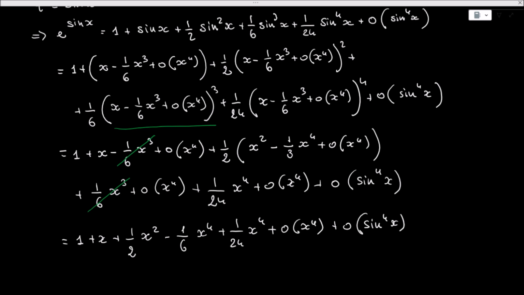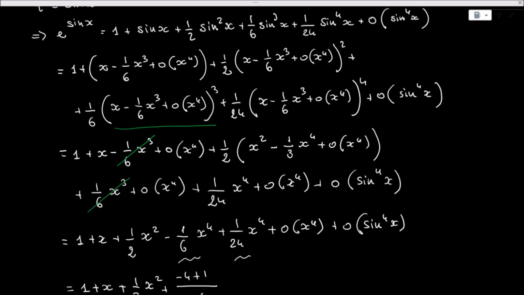Now, if we put together these two terms, what we get is 1 plus x plus 1/2 x squared. Now, what we get here is simply 24, which is minus 4 plus 1.